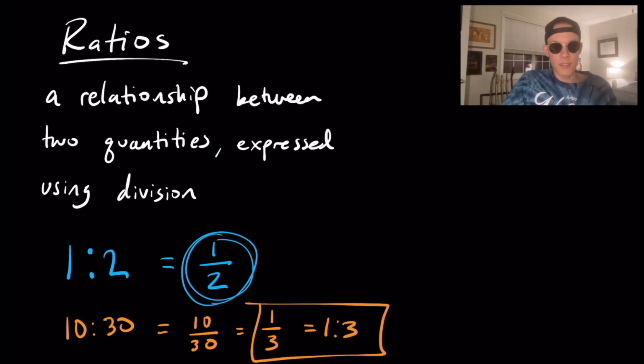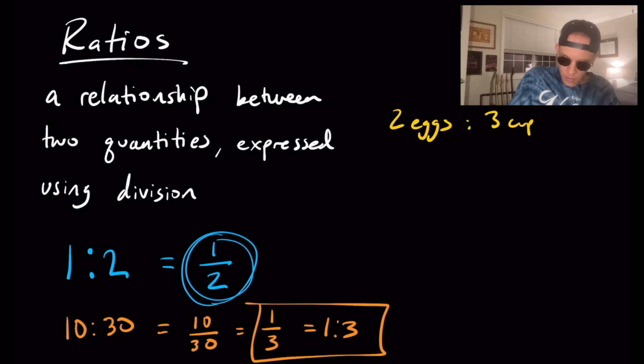So where might you see this in real life? Well, let's say you are making something, you're cooking in the kitchen, and a recipe calls for 2 eggs, and also in that recipe you use 3 cups of sugar.